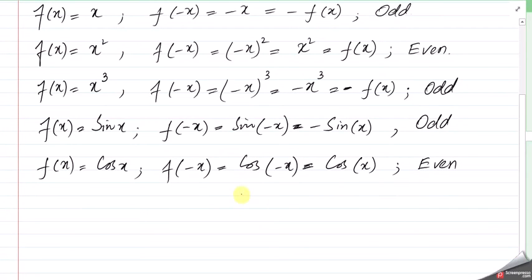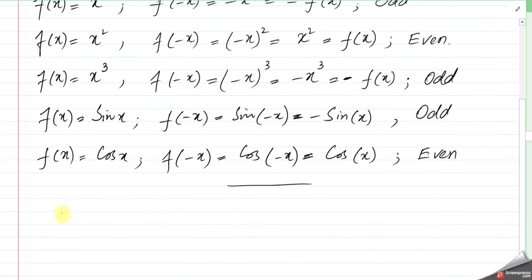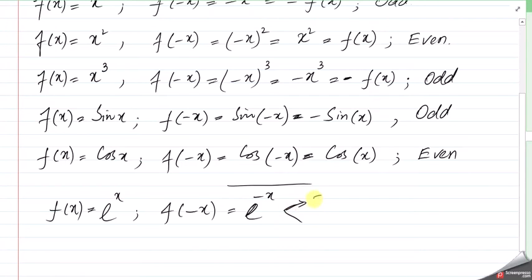Right, now there are functions which are neither even nor odd. So all these functions are either even or odd. For example, e power x, a very famous function. If we put f of minus x, we get e power minus x. Now we can clearly see that this is not equal to minus e power x. Minus cannot come outside.